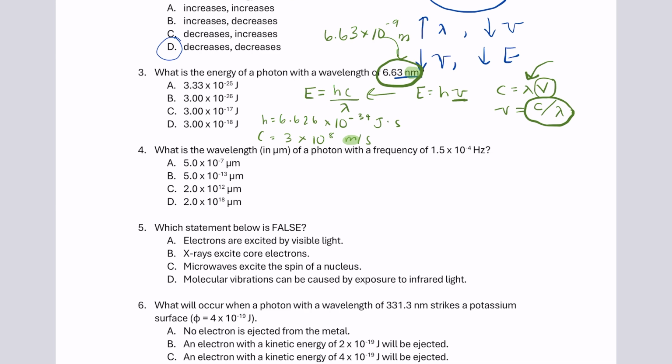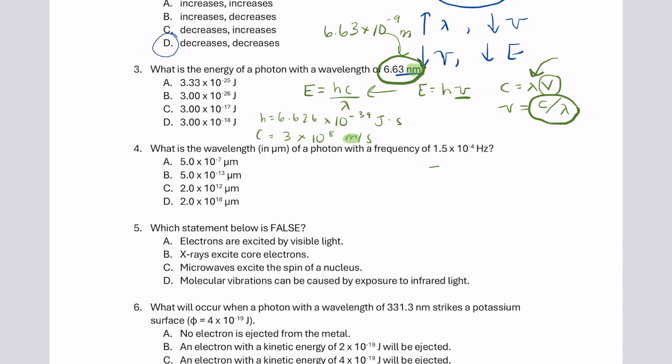With that conversion made, we can start plugging things into our equation. Energy is equal to Planck's constant, 6.626 times 10 to the minus 34 joules times second, multiplied by the speed of light, 3 times 10 to the 8 meters per second, and that's divided by wavelength, which is 6.63 times 10 to the minus 9 meters.